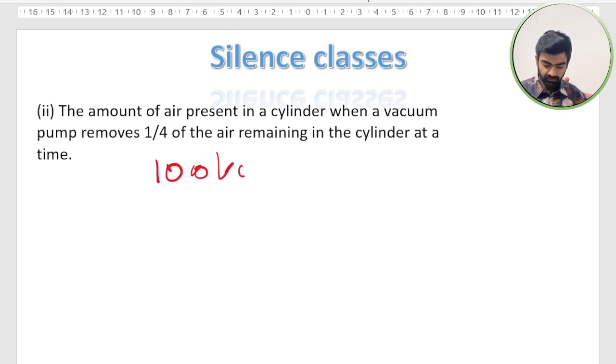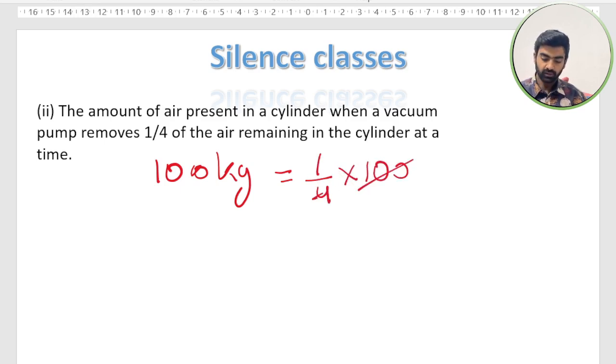Each time, 1/4 is coming out. 1/4 of 100 will come 25, which means 25 kg is removed.